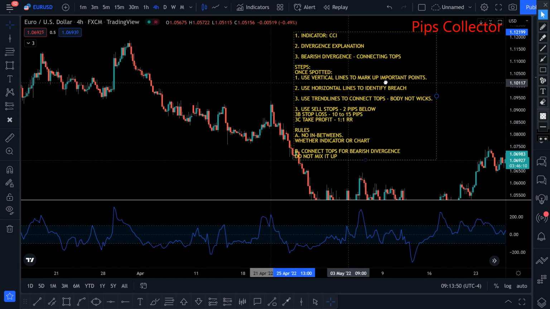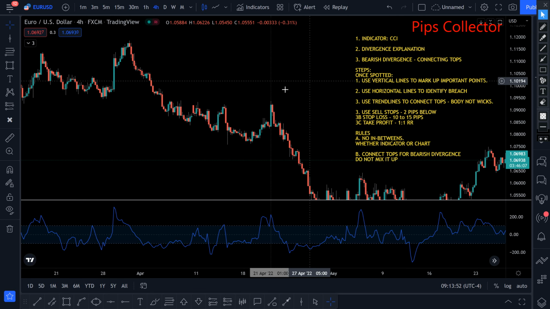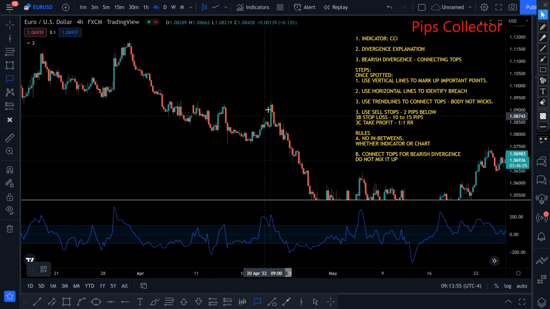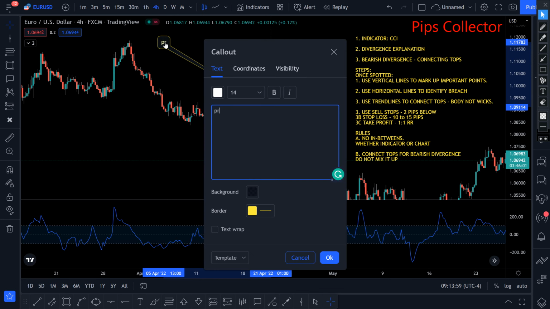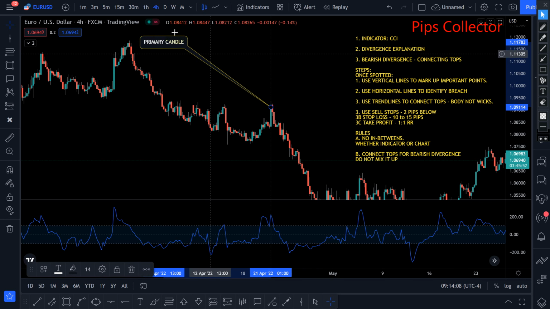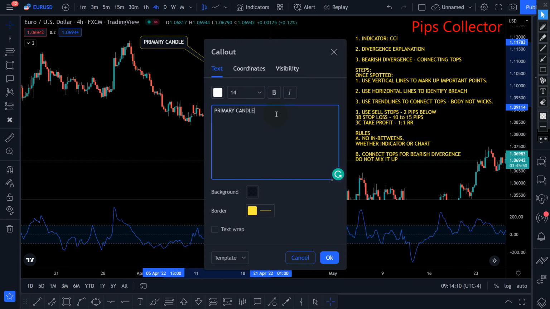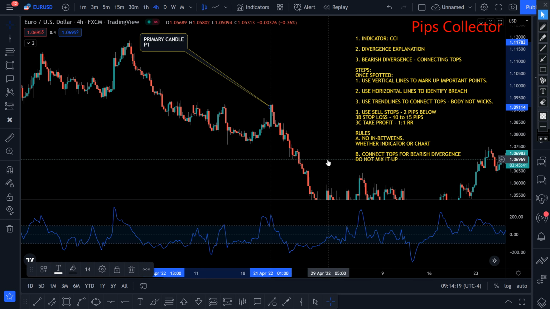I'm going to name this peak our primary candle, also known as point 1, P1.